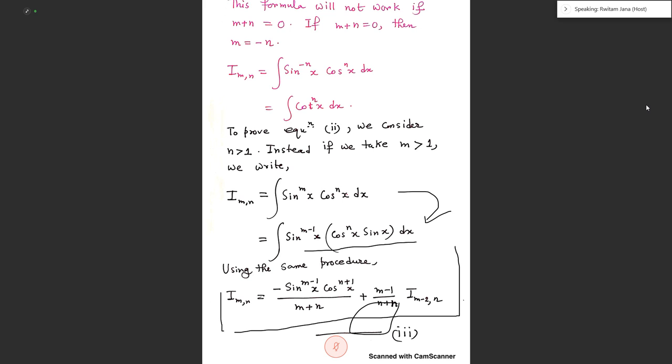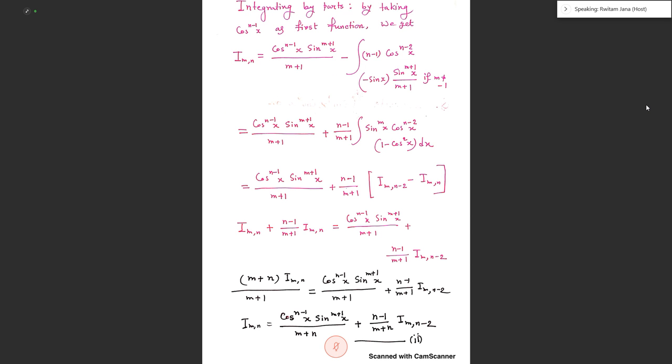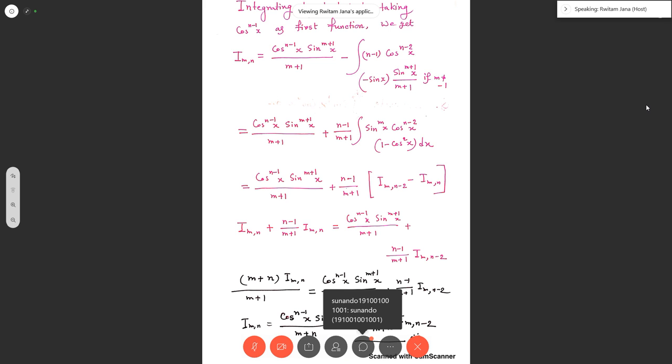The previous case, in equation number 2, you can use when the m value is greater than the n value.